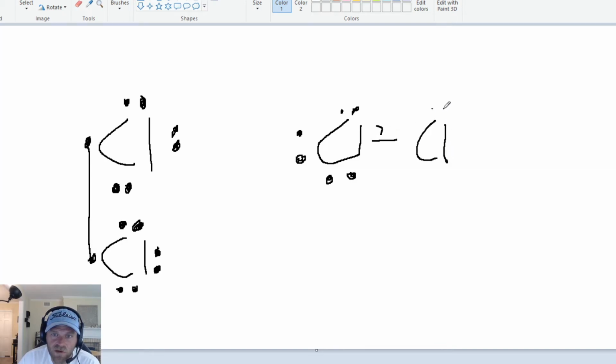Chlorine. 1, 2, 3, 4, 5, 6, 7. So these bonds actually are 2 electrons, and that's a single bond. I didn't want to put that extra little line there. Let me erase those 7s.